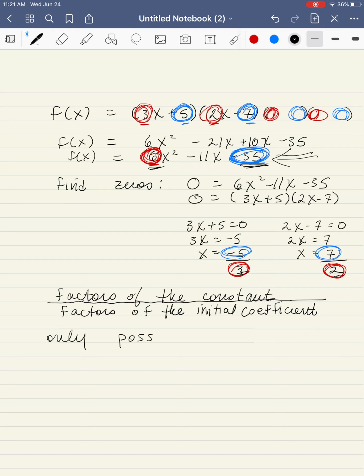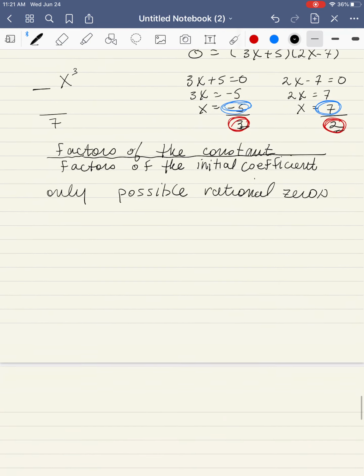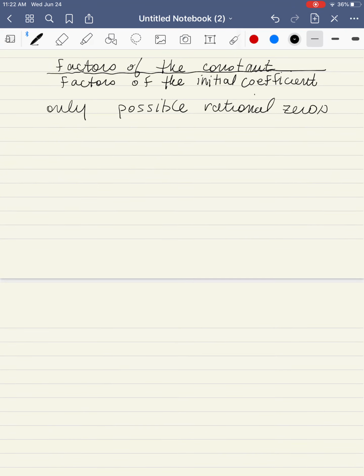The only possible rational zeros of that polynomial. And this is what's called the rational zero theorem. I couldn't end up with a zero that, say, had a 7 in the denominator unless the number at the very beginning of the polynomial had a 7 as a factor.